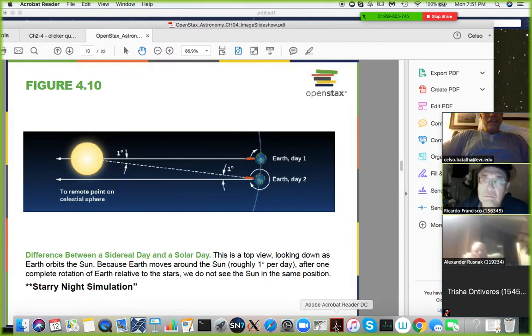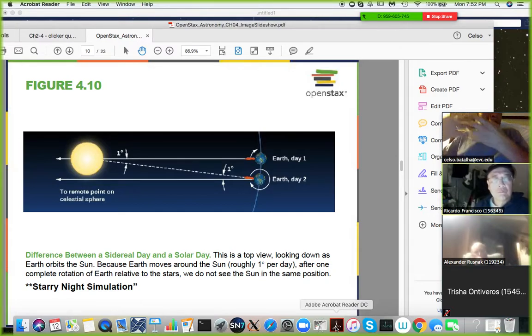Does that make sense? Because of Earth's revolution around the sun, we see certain constellations during certain months, and then 2 months later or so, that constellation is not in the sky anymore.